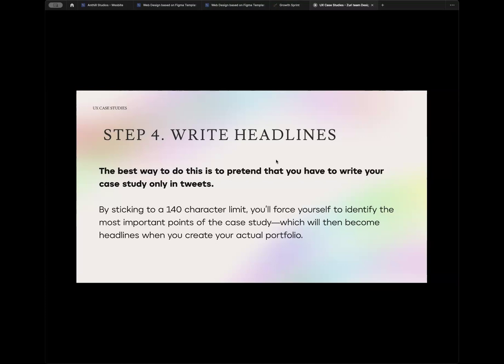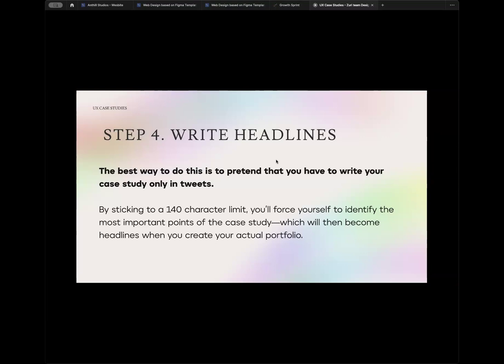As short as the tweet is, you are still able to resonate with it. It's because they've stripped out everything that is not important and they've been able to cram all the important information into 140 characters. And that's what you should aim to do with your headlines, right? By sticking to a character limit. Now I'm using 140 characters because that's Twitter, but you can choose to use 140 characters.